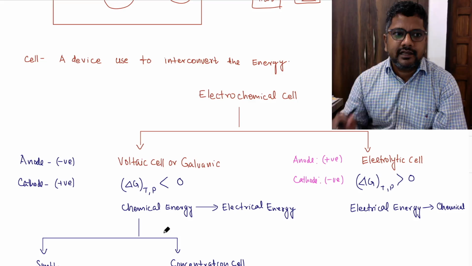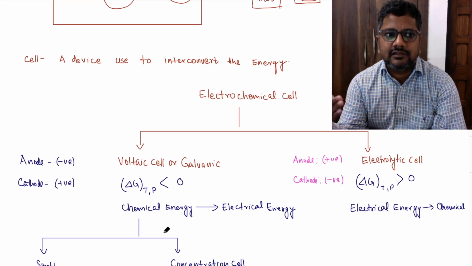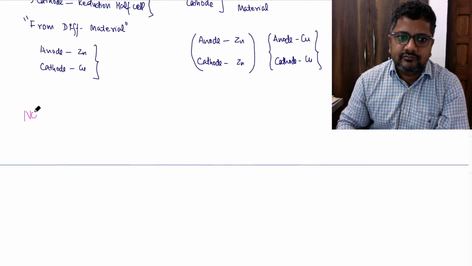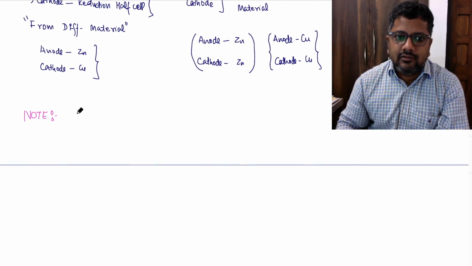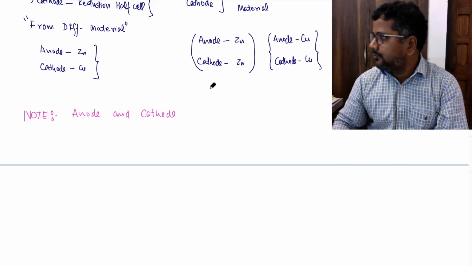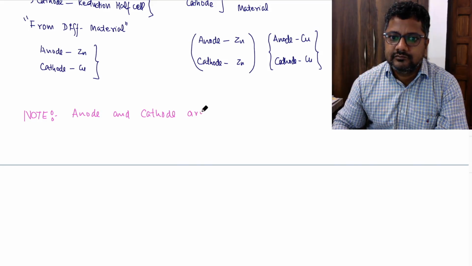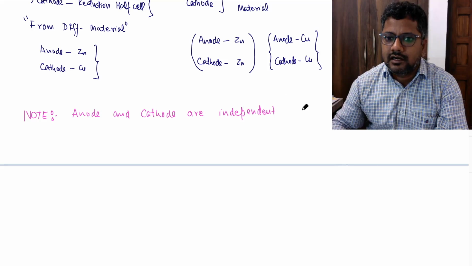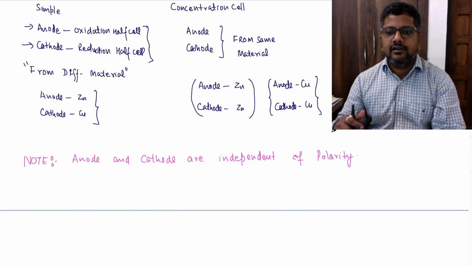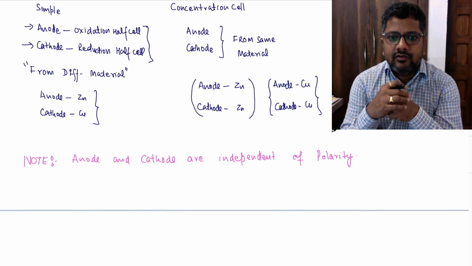Anode and cathode are recognized by the type of reaction taking place on them, right? Note: anode and cathode are independent of polarity, meaning on the basis of polarity you cannot decide anode or cathode.